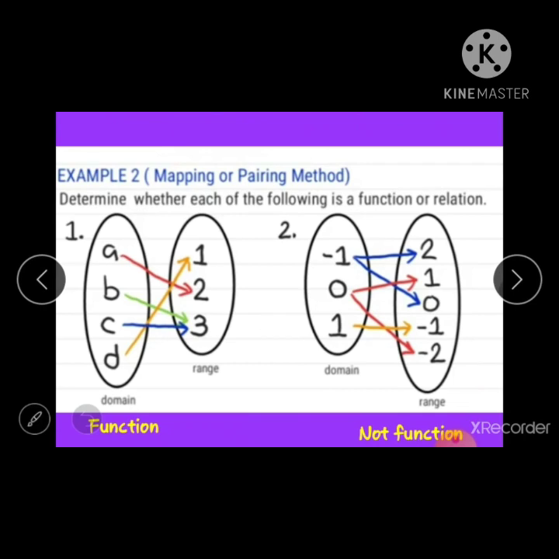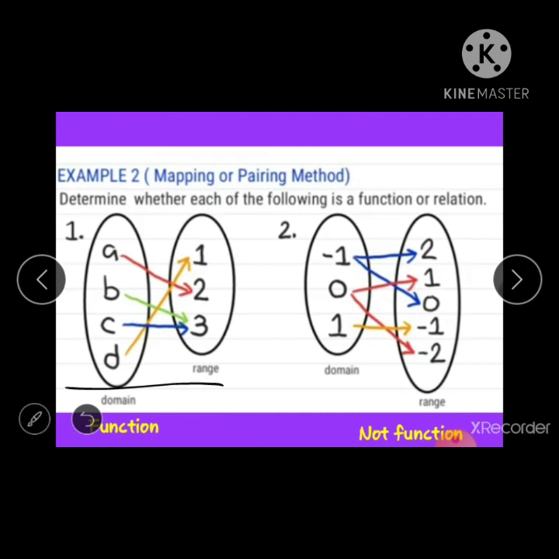Let us proceed to example number 2. Through the mapping or pairing method, determine whether each of the following is a function or a relation. In example 1, we have this illustration, and in example 2, this illustration. How can you say if this is a function or relation using the mapping method? The technique is very simple. Just look at the domain.